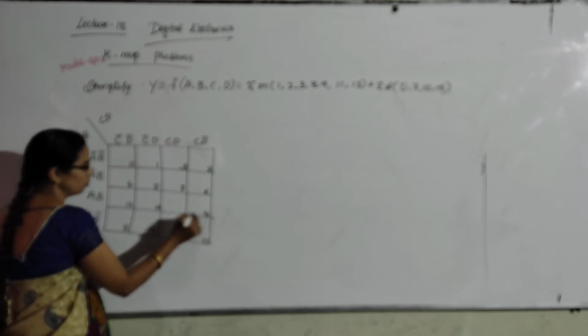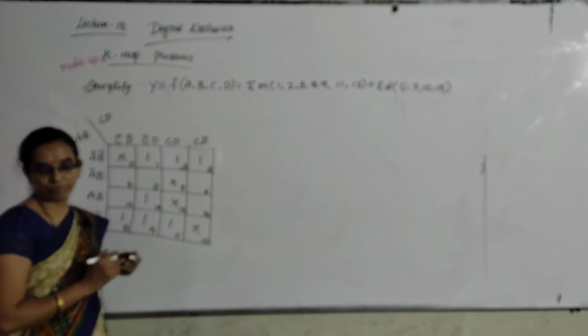It is A, B, C, D: A bar B bar, A bar B, A B and A B bar; C bar D bar, C bar D, C D and C D bar; cells 0 to 15.